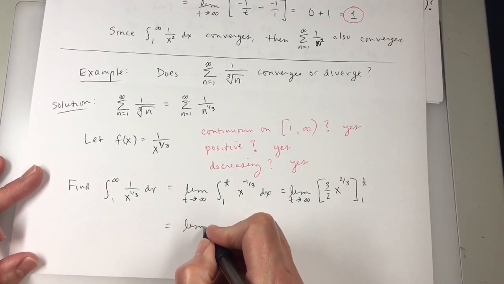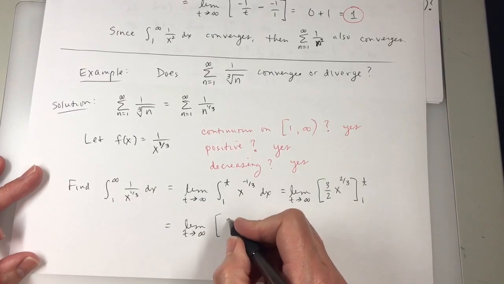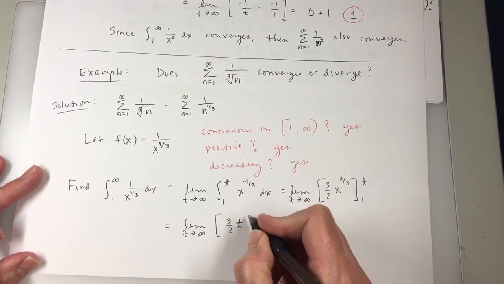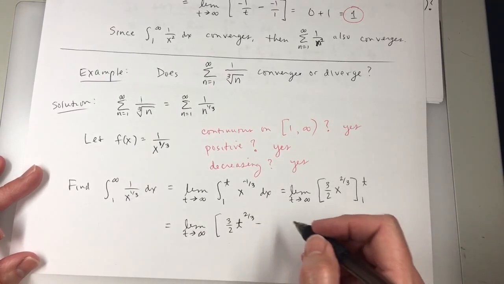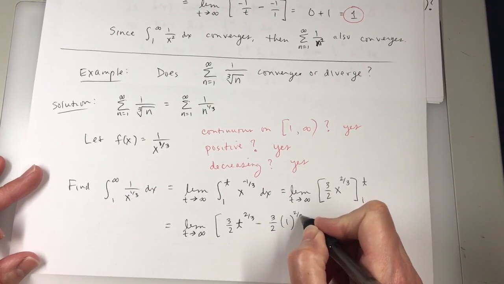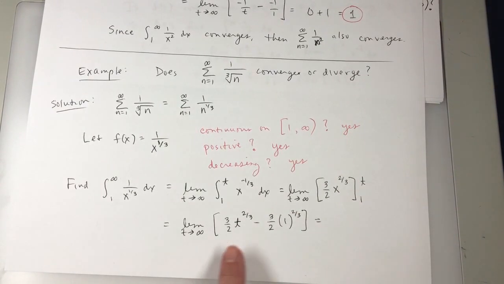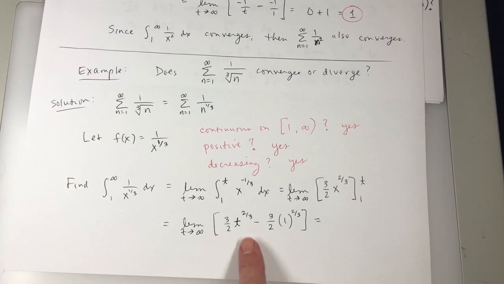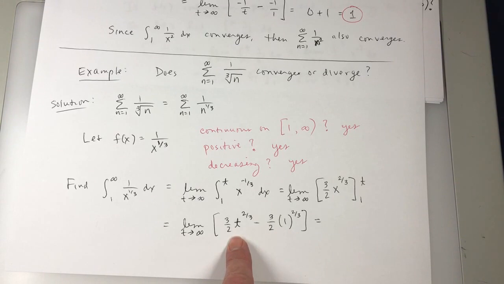So that's the limit as t approaches infinity of 3/2 t to the 2/3 minus 3/2 times 1 to the 2/3. As t goes to infinity, what's happening here? The first part, 3/2 t to the 2/3, is going to be infinity. That's infinity.